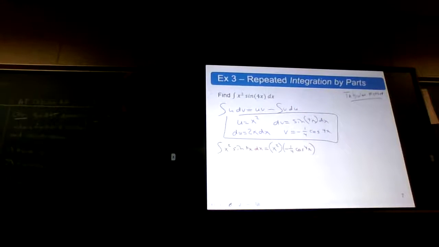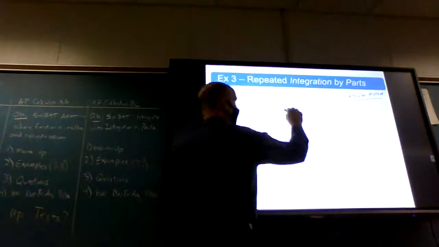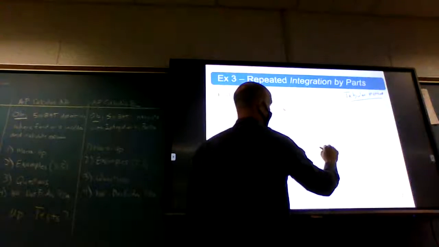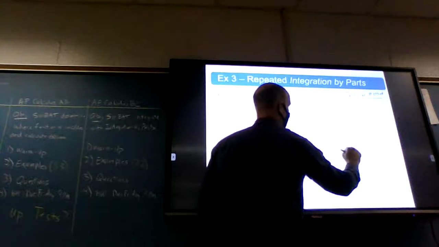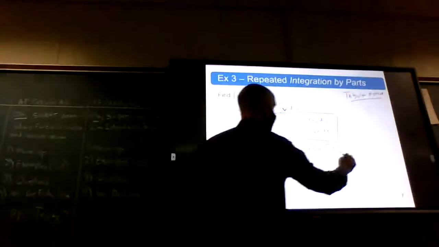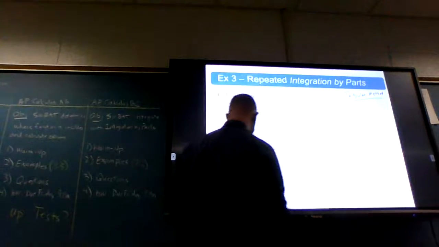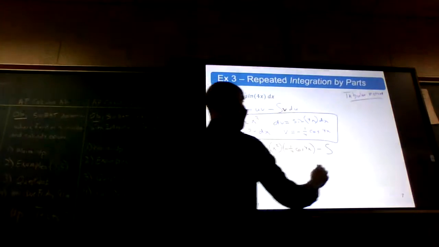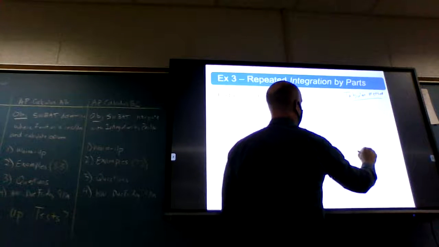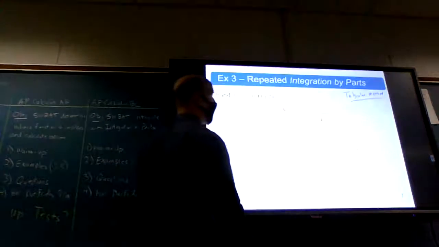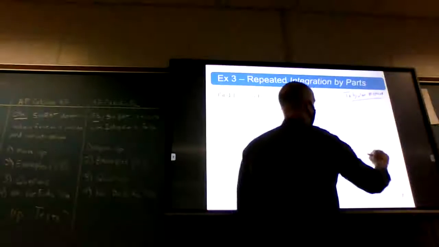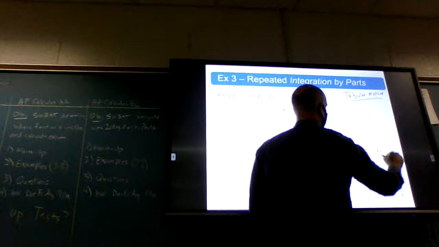Now I'm going to do minus the integral of v, which is negative 1/4 cosine of 4x. And then I've also got to multiply that by du, which is 2x dx.